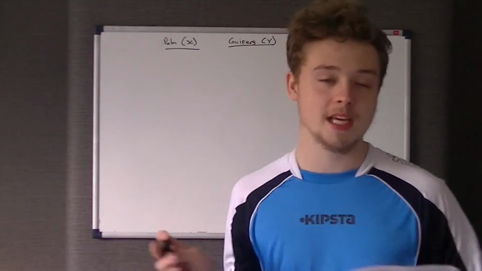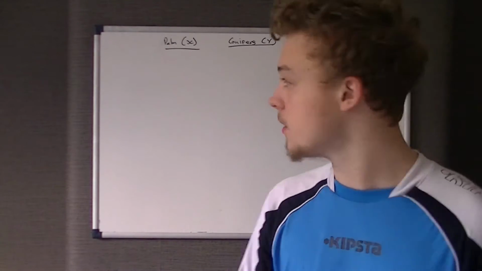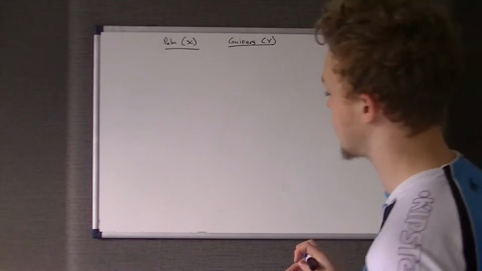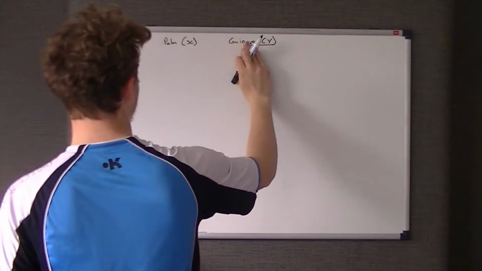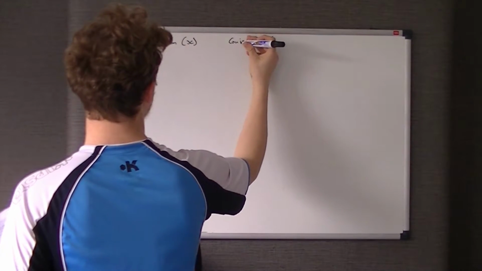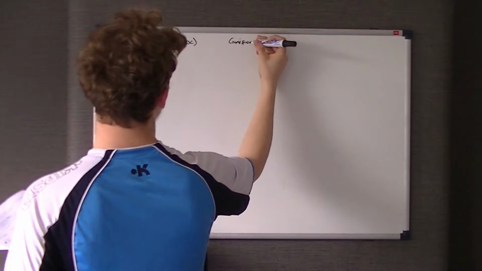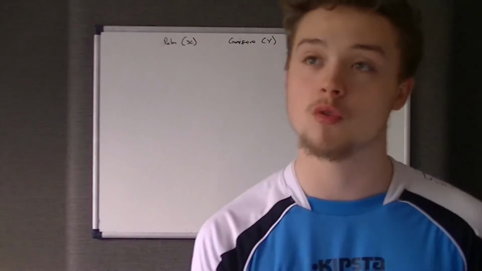Okay, so let's take into account all the information we've been given. The best way to do that is in some kind of a table. Now, because there are so many different questions on formulating your own linear programming problem, I can't simply say this is one question and it's going to be exactly the same for all.